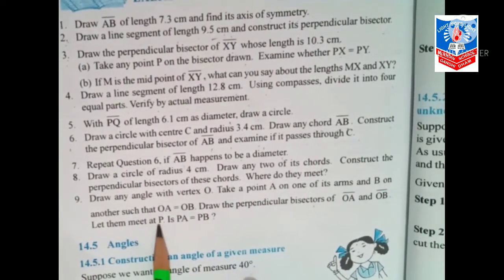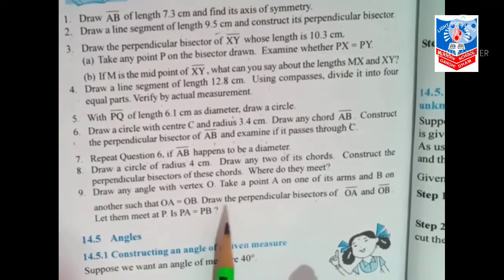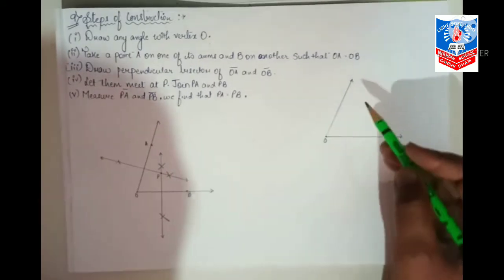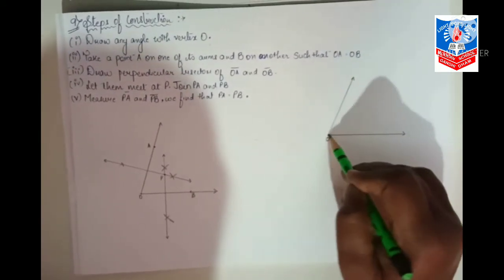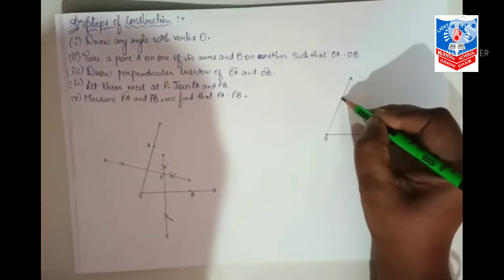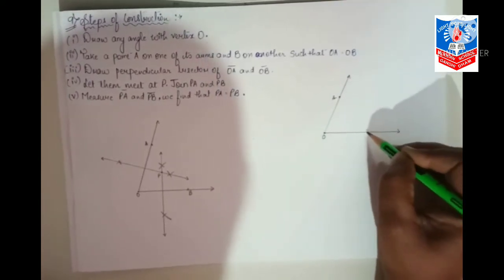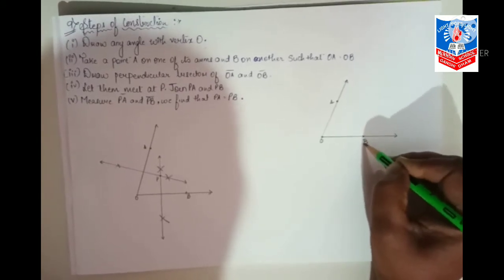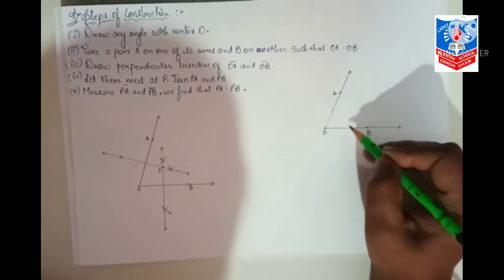Let them meet at P. Is PA equal to PB? Now draw any angle with vertex O. We will take a point A on one of its arms and B on the other arm with the same measure. That means OA is equal to OB.